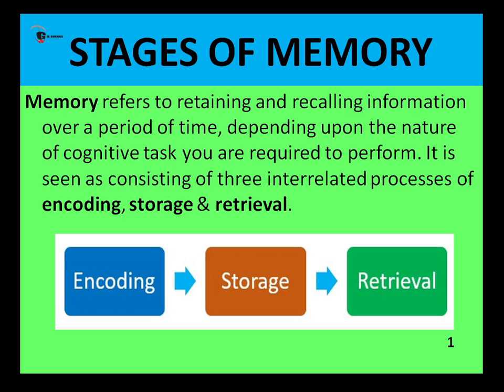Now, what is important to understand is that memory failure is also a very important aspect here, and it can take place at any of these three stages. Maybe you have failed to recall information because you did not encode it properly, or maybe the storage has not been that great, it's been weak, or maybe you couldn't retrieve it whenever you actually required it.